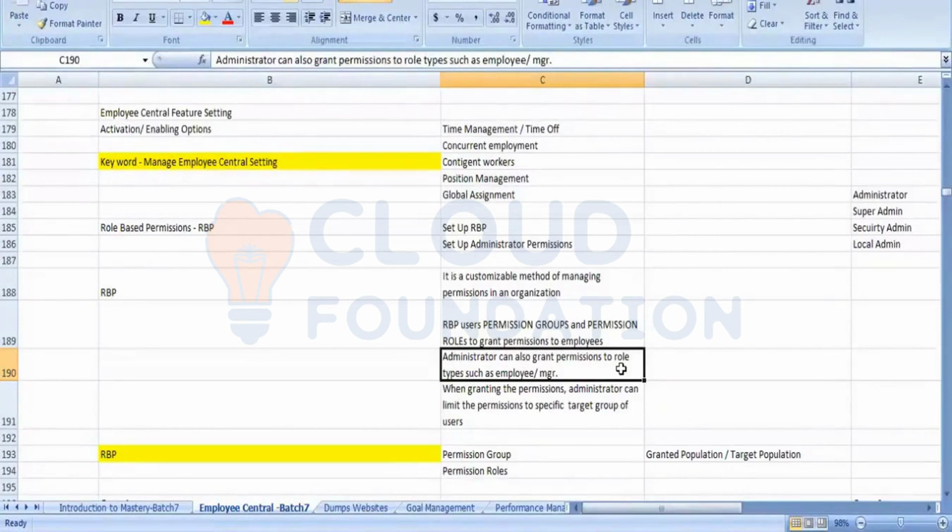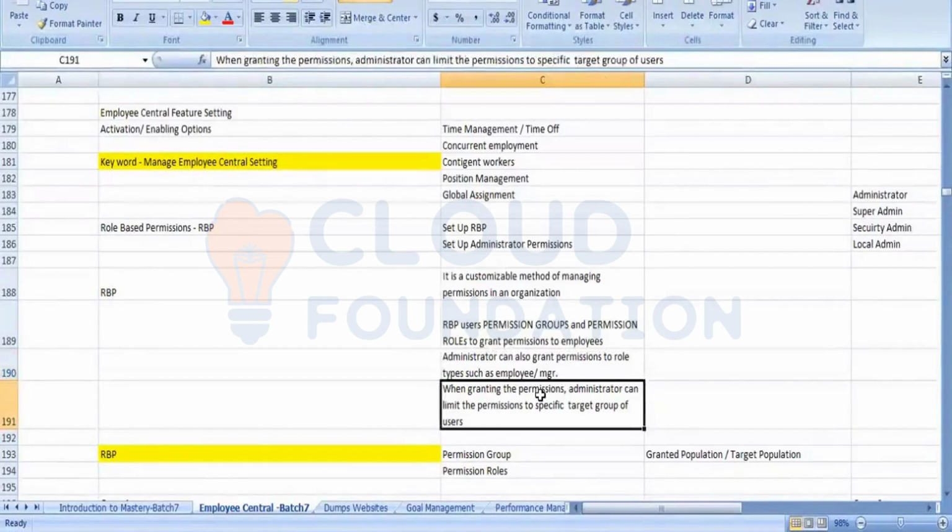Either it can be an engineer or executive manager. After granting the permission, administrator can limit the permission to a specific target group of users. So what it means, if I have given a permission, after giving the permission, if I want to control that permission to only a set of group of users.